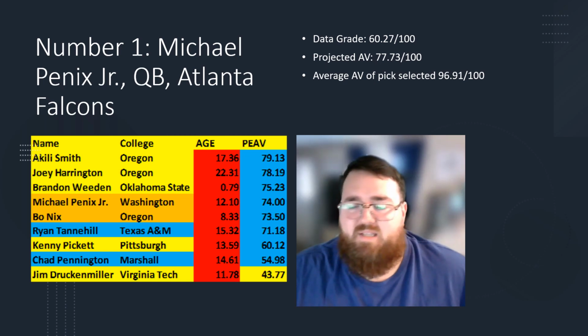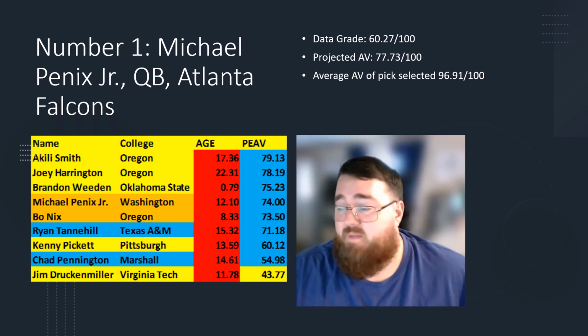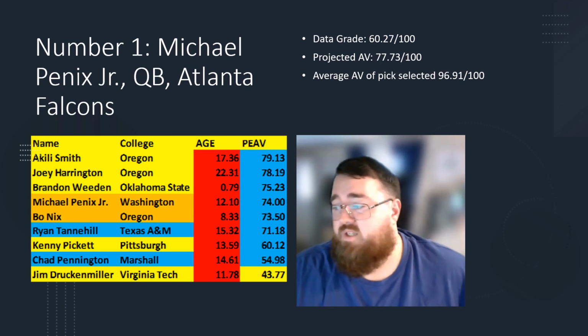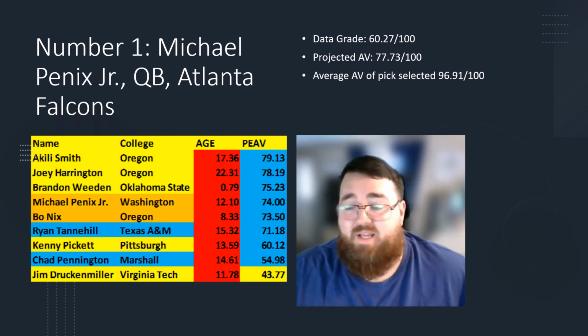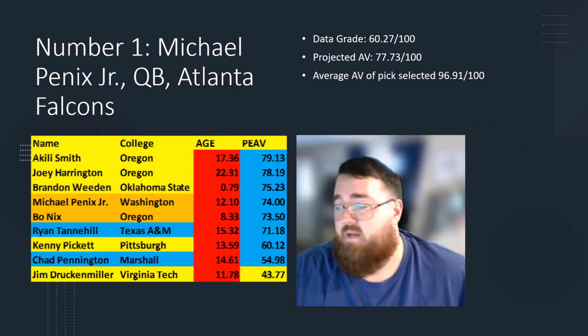So it makes more sense to take a guy like J.J. McCarthy, because he has better upside, a better data grade, and could legitimately become a 96 percentile quarterback. With Penix Jr., there's never been a quarterback in his range to be a 96 or 97 percentile quarterback.